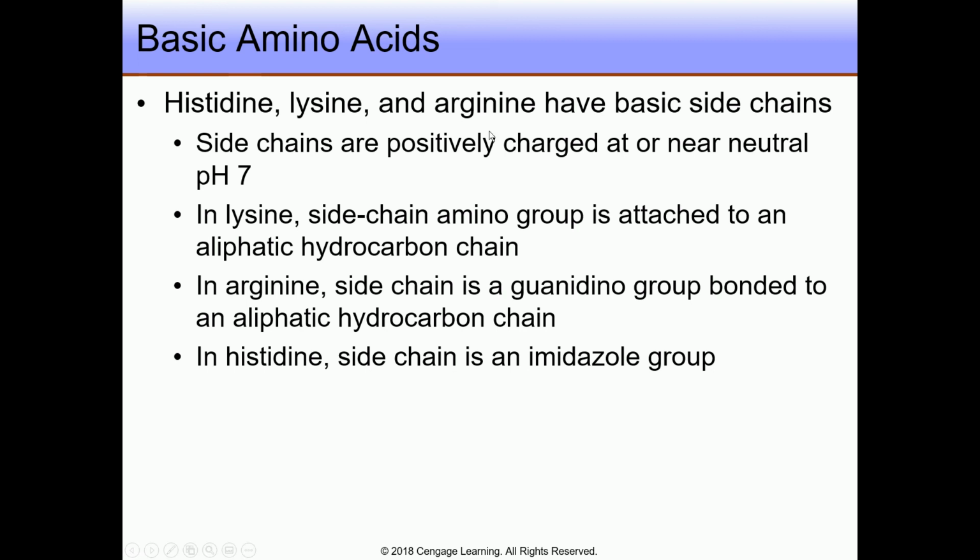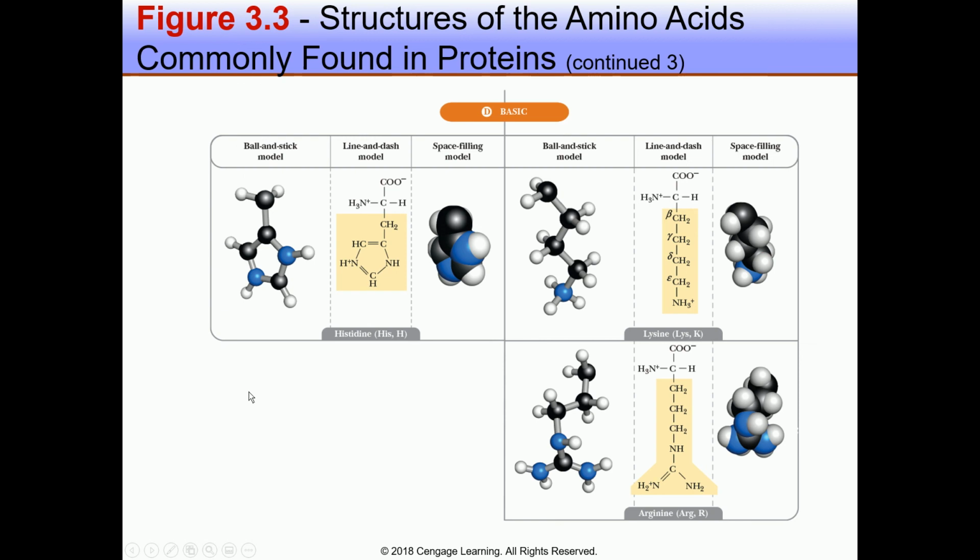So in lysine, the side chain amino group is attached to an aliphatic hydrocarbon chain. So in the R group of lysine, they have an amino group. So you can go over these. This is your histidine, this is the R group, and because of this R group, it has a positive charge on it. This is your lysine.